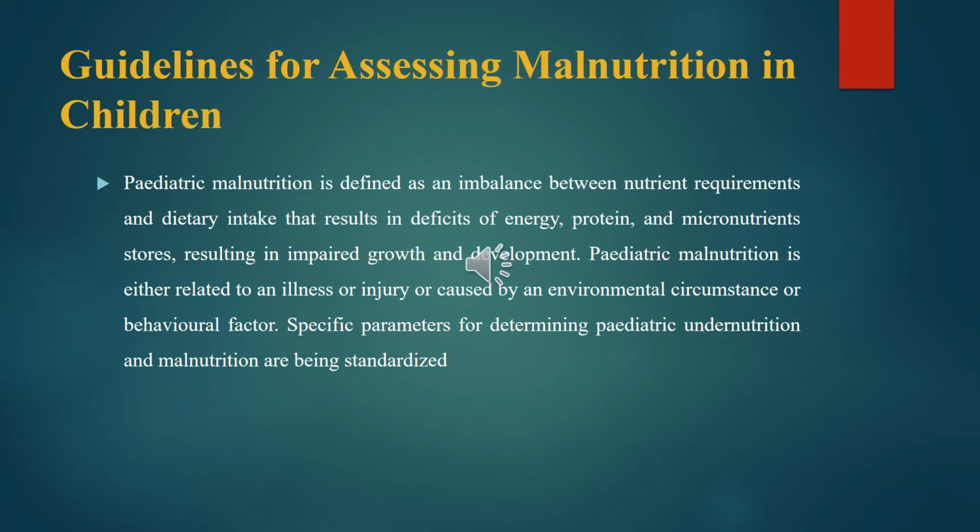So in assessing malnutrition in children, standardized tools are used. We do assessment of the height, weight, and if it is an infant, then we also assess the health status of the mother, their socioeconomic status, all the aspects related to the nutritional assessment.